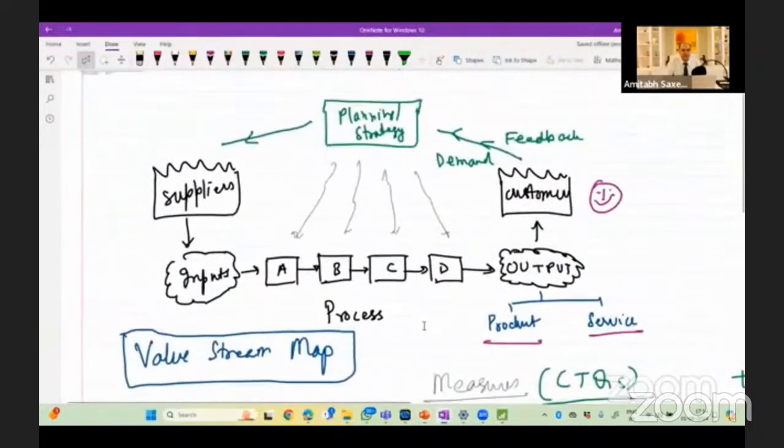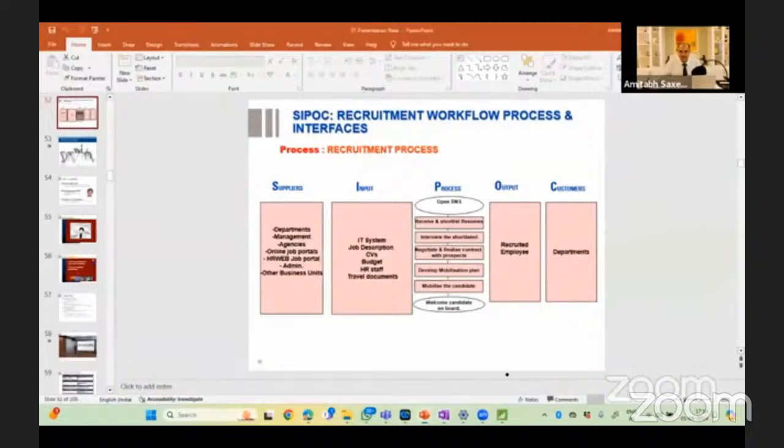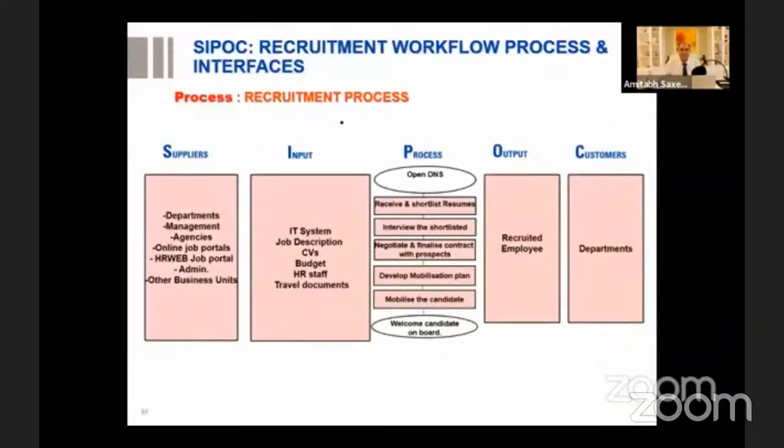So if I pull out S for suppliers, I for inputs, P for process, O for outputs, and C for customers, I get what I call a SIPOC. So when I'm doing a project, first I do a SIPOC: supplier, input, process, output, and customer. When you are doing a SIPOC, it's better to start with customers.